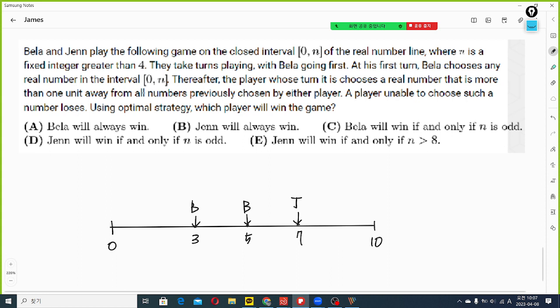So the rule is to choose a number more than 1 unit away from the previous numbers. So Jen may choose 9. And once again, Bella copies Jen's movement. So Bella's choice is 1.